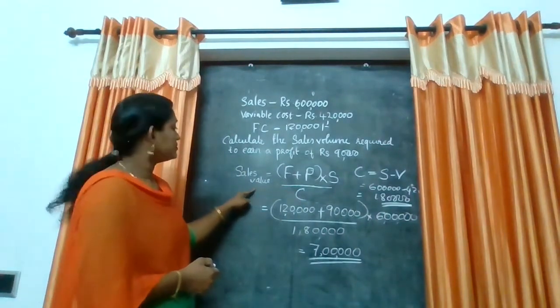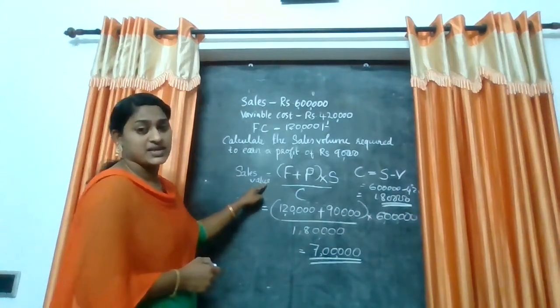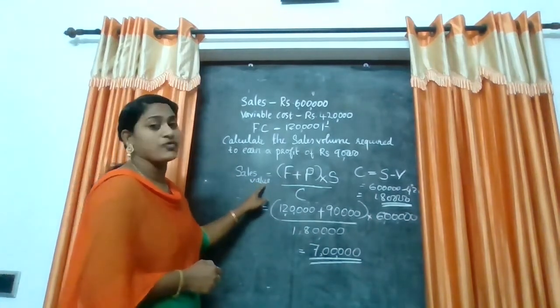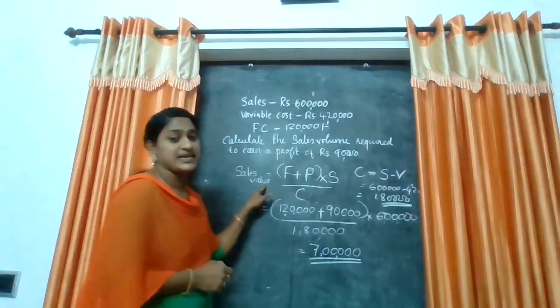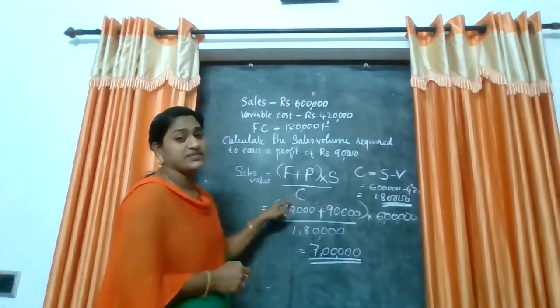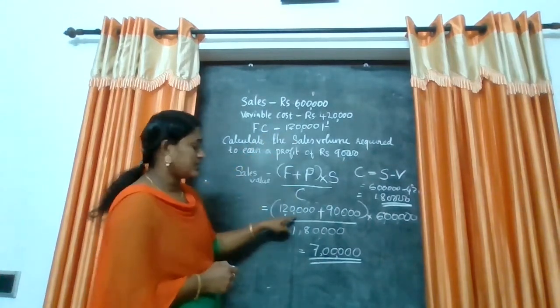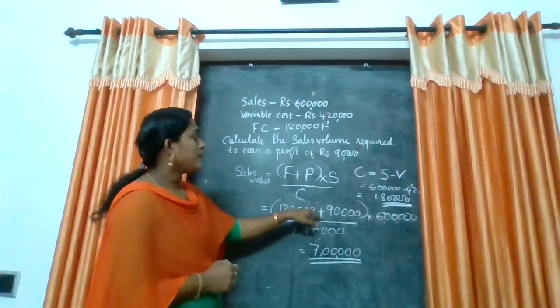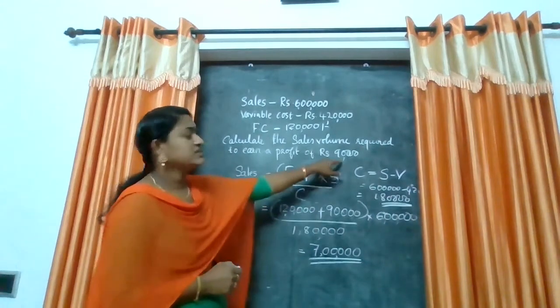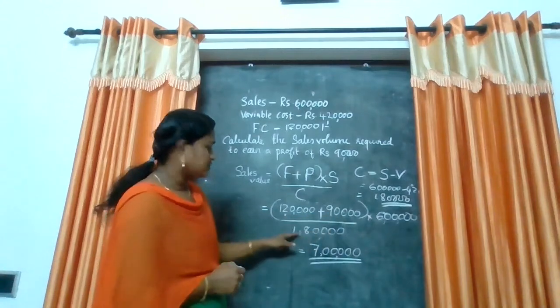So we can calculate the sales volume. Sales value for bringing profit of rupees 90,000 is equal to (fixed cost plus profit) into sales divided by contribution. Fixed expenses 1 lakh 20,000 substituted here plus profit 90,000 also substituted.